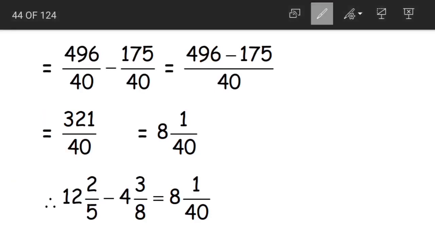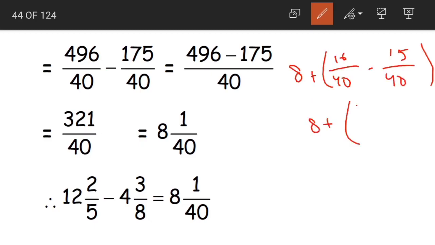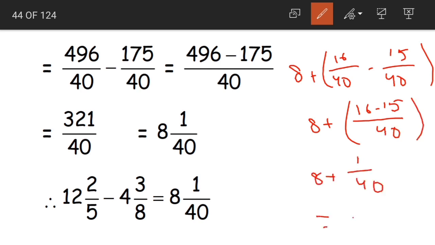Let me write it here again. 8 plus 16 by 40 minus 15 by 40. How will we subtract these two like fractions, children? 16 minus 15 by 40, that is equal to 1 by 40, that is nothing but 8 1 by 40.